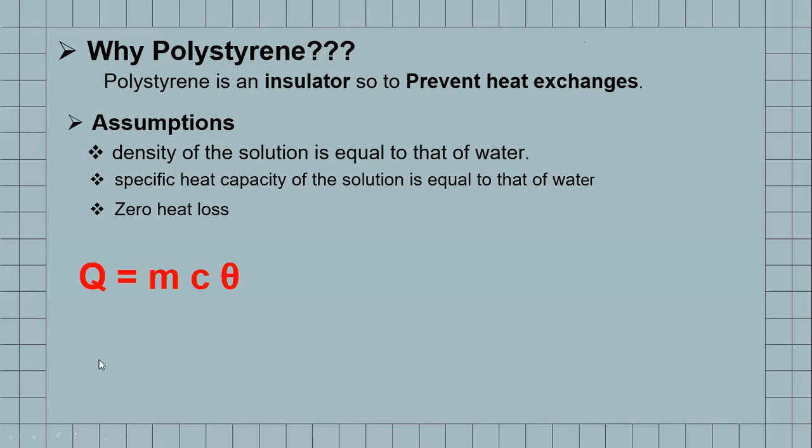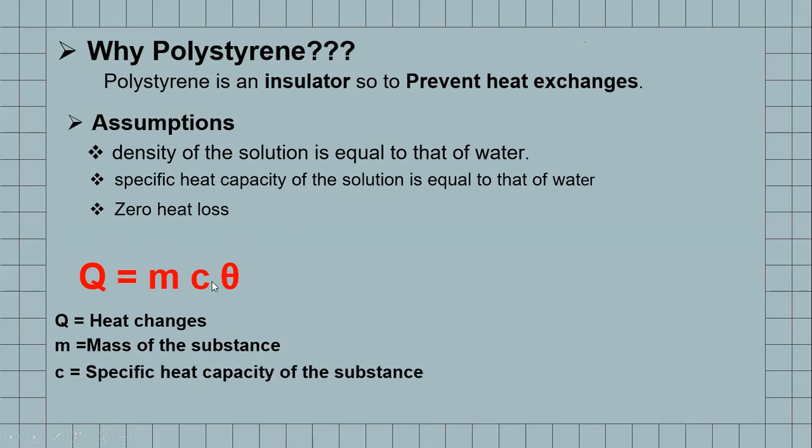Here, to measure the heat change during the chemical reaction, we use this formula. Q equals mc theta, right? So Q is the heat change, m is the mass of the substance, and c is the specific heat capacity of the substance, and theta is the temperature change.